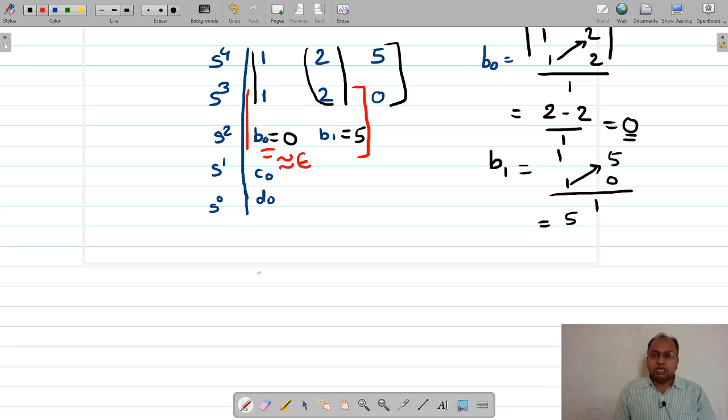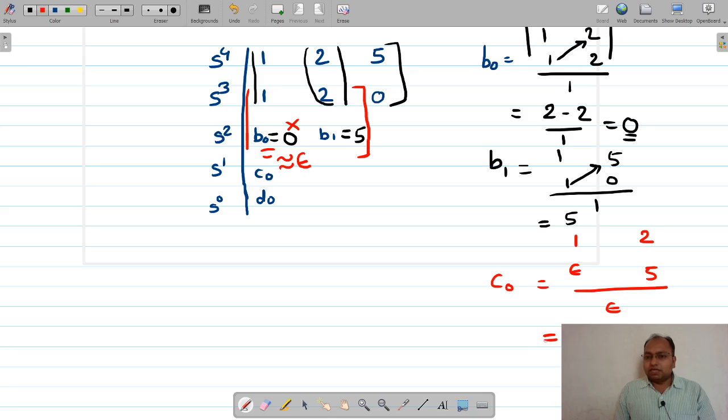So how can I find c0? c0 is nothing but 1, epsilon, 2, 5, where instead of 0 I have used epsilon, divided by epsilon.